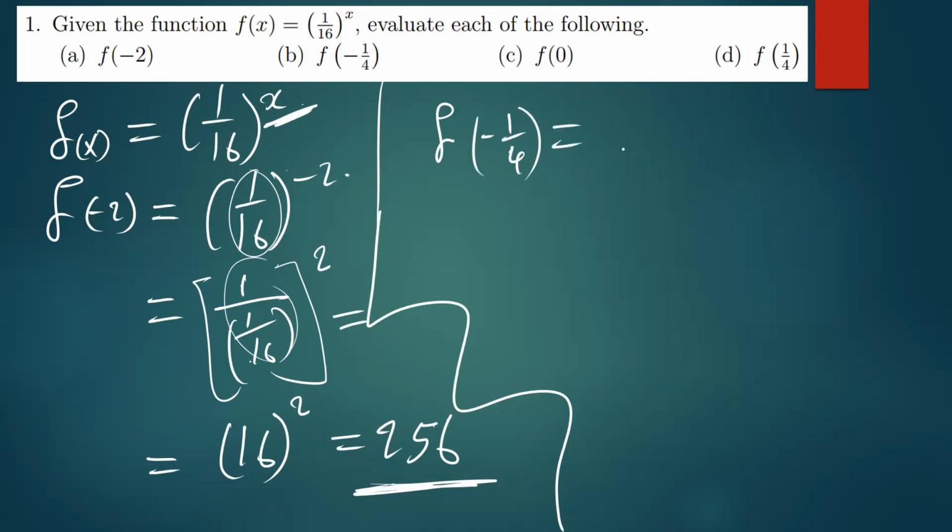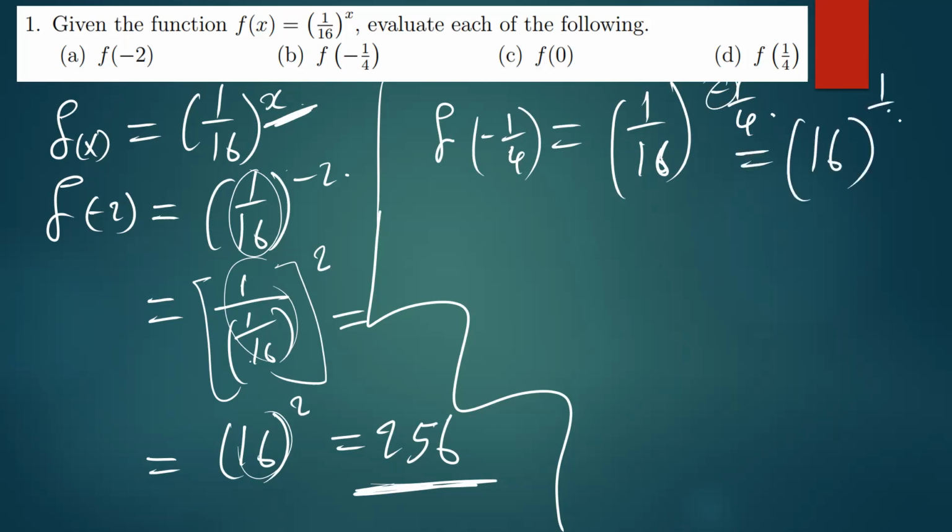So we have 1/16 raised to the power negative 1/4. So 1/16 will flip again, the same way it did here. Because of this negative, we're going to have 16 raised to the power 1/4.